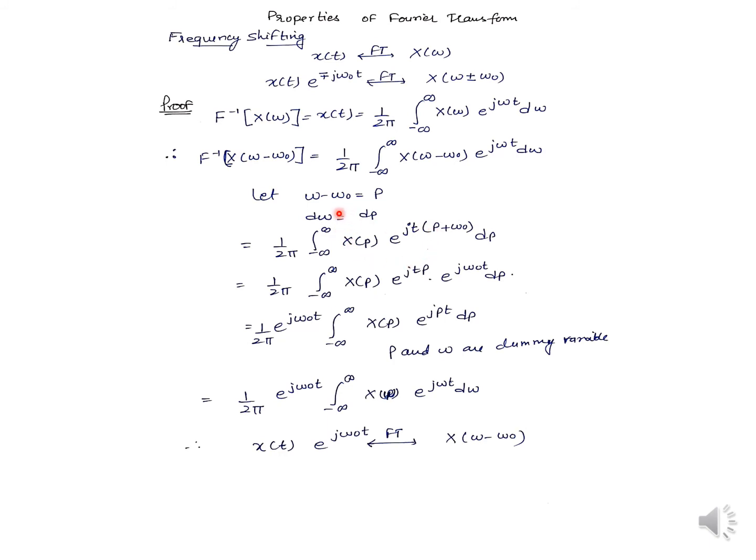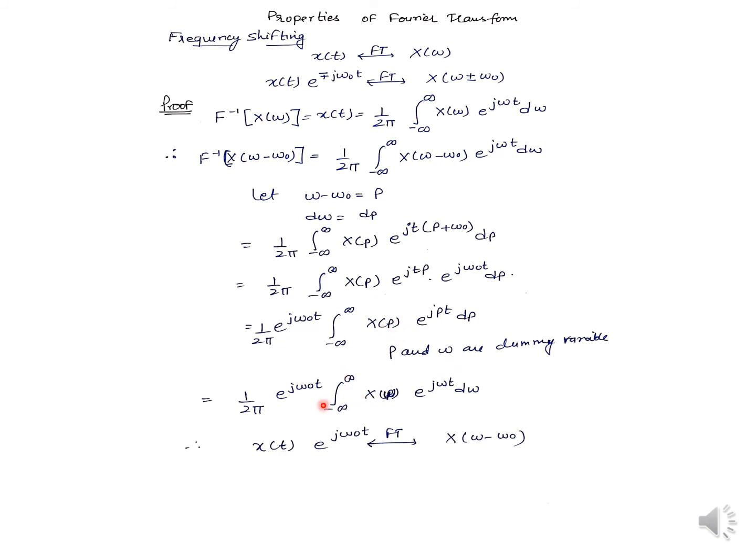Find the value of omega from here, put it here, and here it will become p. So you can say it will be e raised to the power j t p and then e raised to the power j omega naught t. Again, this part is your constant, you can take it out, so it will be outside. Again, p and omega are dummy variables, you can write it as omega again.